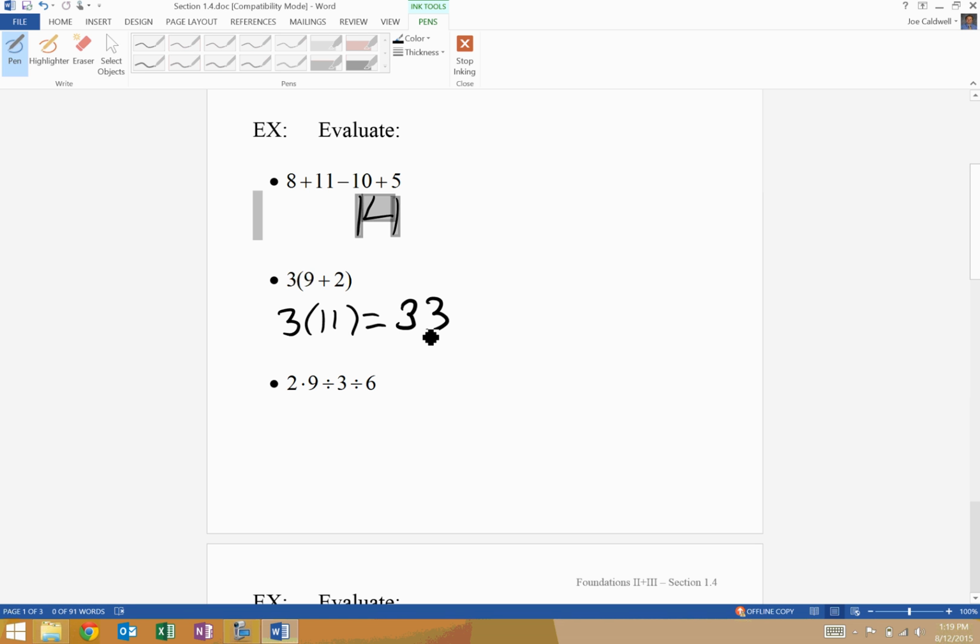Our next example is a string of multiplication and division, so we just do it in order from left to right. First, 2 times 9 is 18. Next, 18 divided by 3 equals 6. And finally, we divide by 6, which gives you 1. Again, that's called the left to right rule.